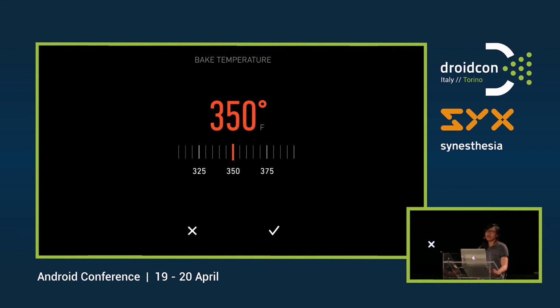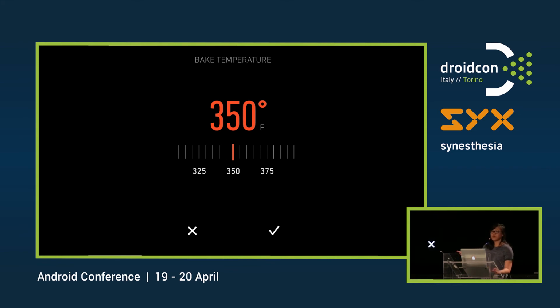So media player was great for most of our use cases where we just wanted to play a single sound file. But then we came to this example, which is a screen on the oven itself. It's kind of like a temperature slider, so you could determine what temperature you want to start baking your food at. If you can imagine, it's a bunch of numbers from 100 to 500, and we have these major numbers like 325 and 350 and 375.